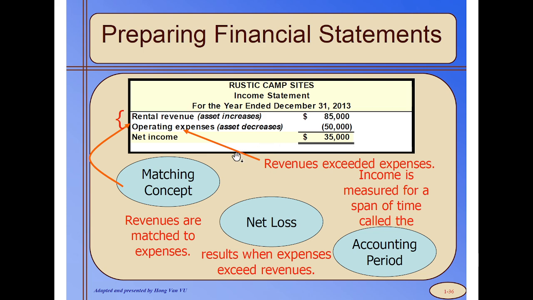Since the revenue was greater than the expenses, the company has a net income of 35,000. If the expenses had been greater, it would be a net loss. This net income figure is crucial and flows directly into our next statement.